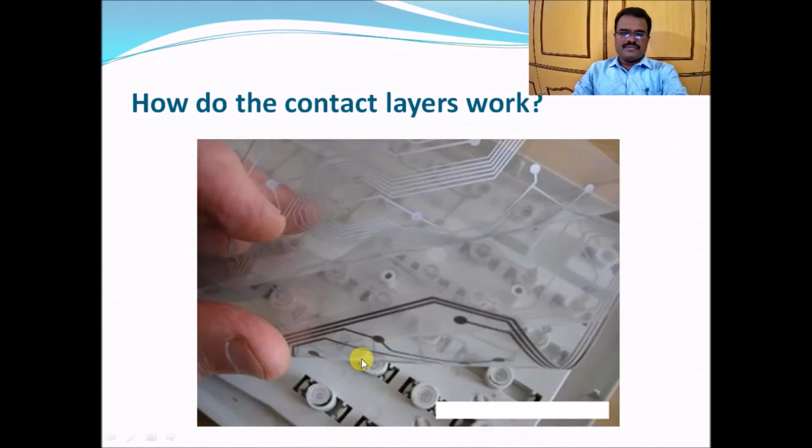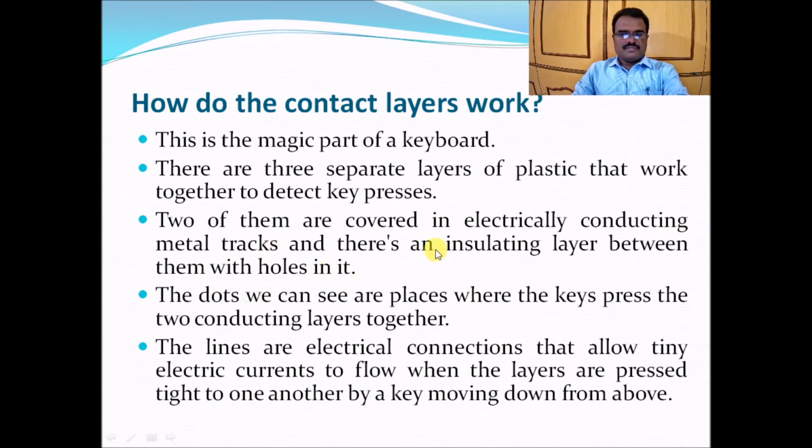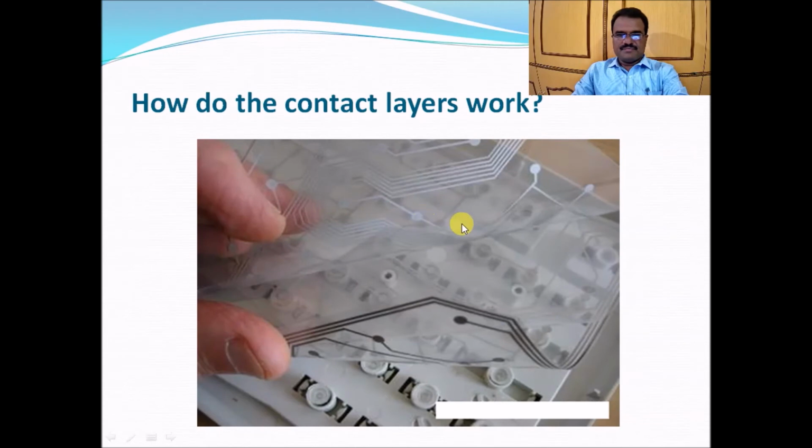So here we can see the holes, each one representing a key. These are the plastic layers, covered with electrically conducting metal tracks.